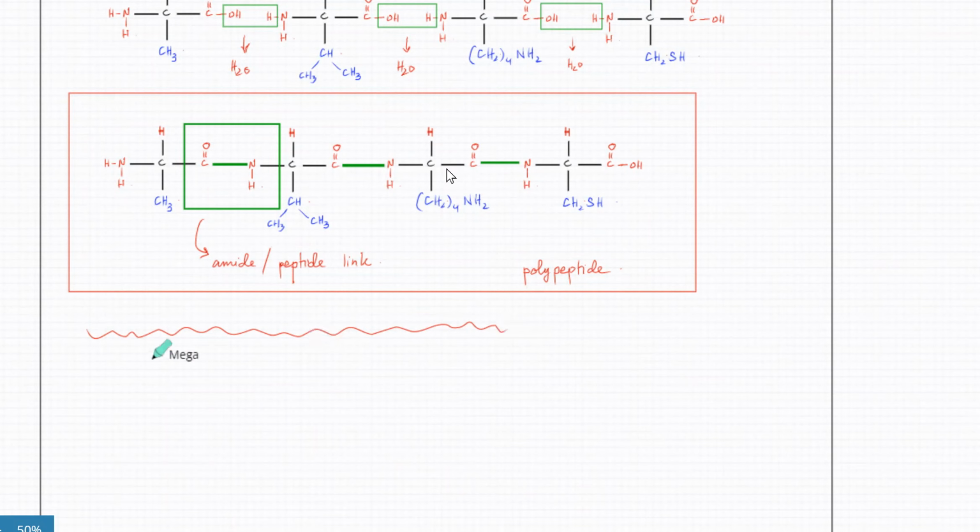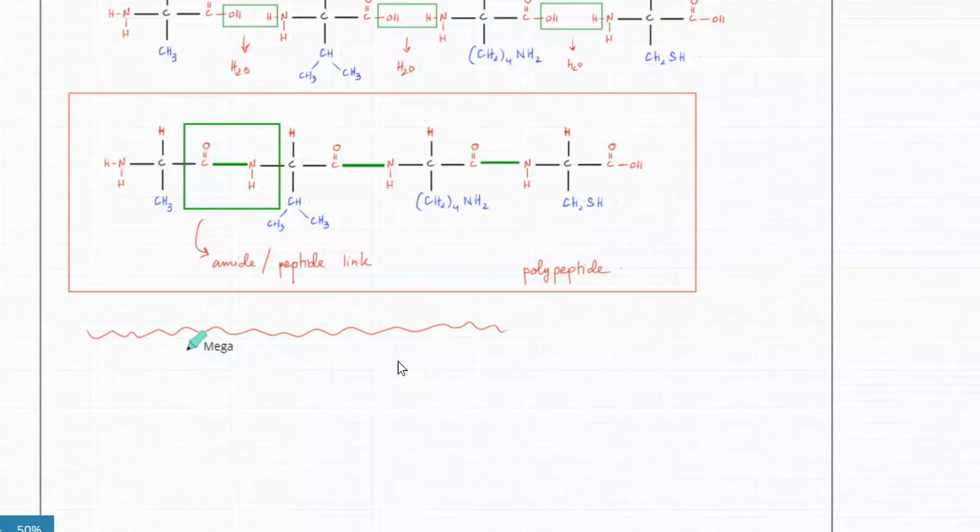Now, it's not necessary that the chain is going to remain a straight chain. Like we've drawn a straight chain, right? You know that if you have a thread, the thread never actually remains straight. It coils up. For example, if you take a long sewing thread, it's not going to be 100% straight. What will happen is it's going to get coiled up.